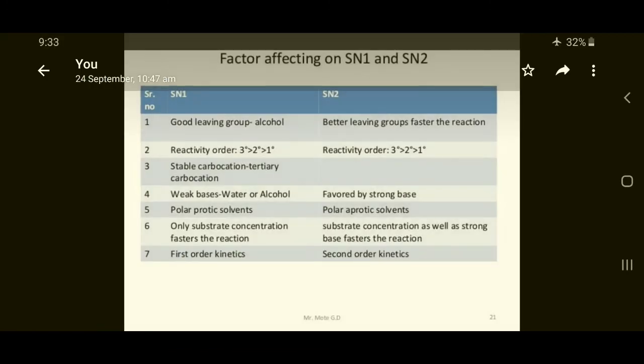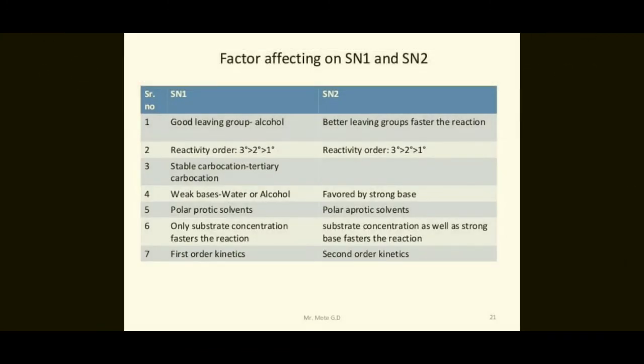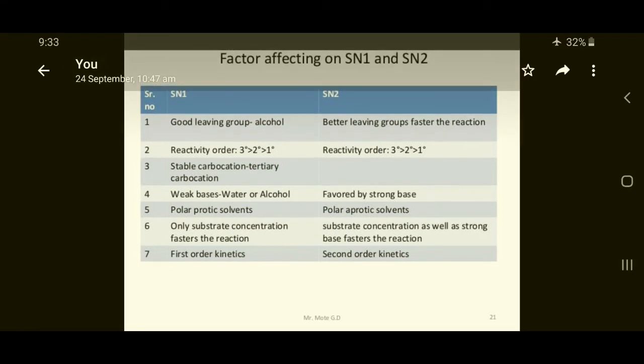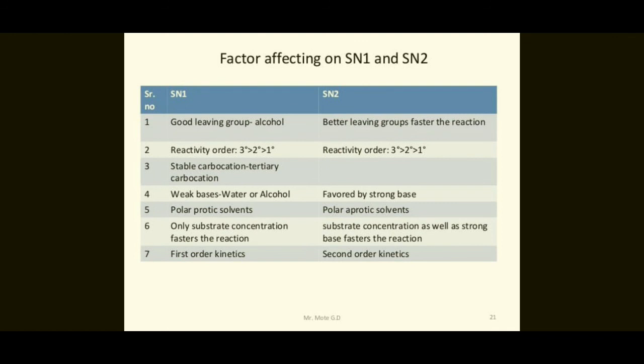Next are the factors affecting SN1 and SN2 reactions. SN1 reactions need good leaving groups, and in SN2 reactions better leaving groups make the reaction faster. The reactivity order for SN1 is 3 degree, 2 degree, 1 degree, due to the stability of the carbocation; the tertiary carbocation is the most stable. SN1 reactions use weak bases like water or alcohols, but SN2 reactions are favored by strong bases.